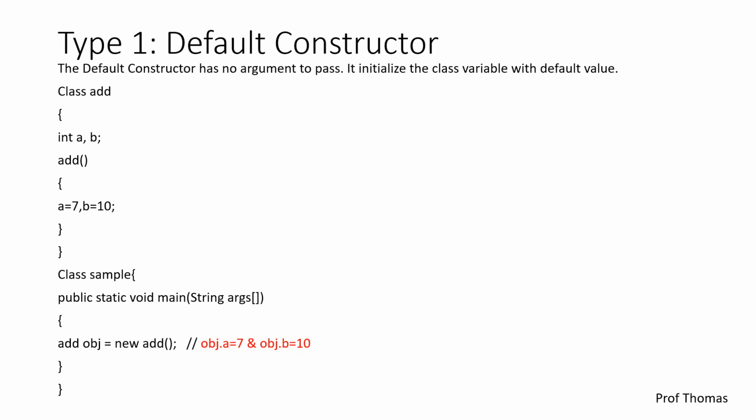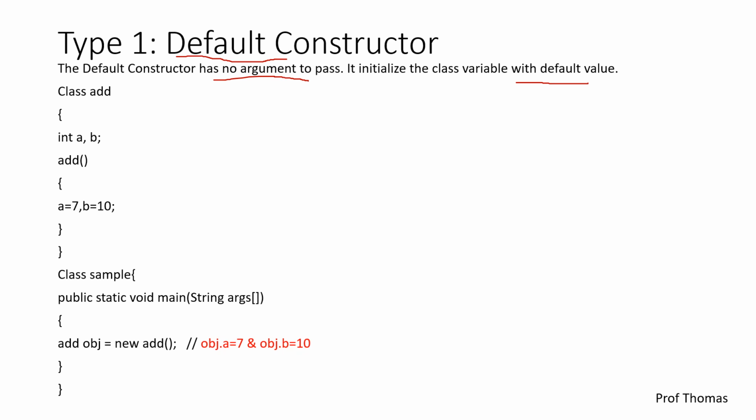The type 1 is the default constructor. The default constructor has no argument to pass. It initializes the class variable with the default value.